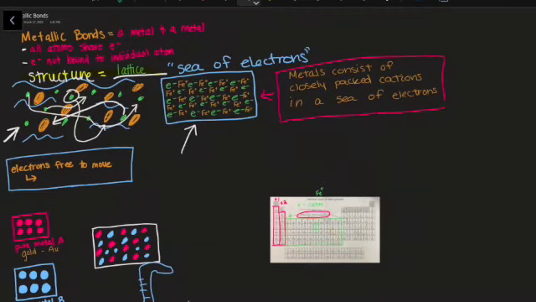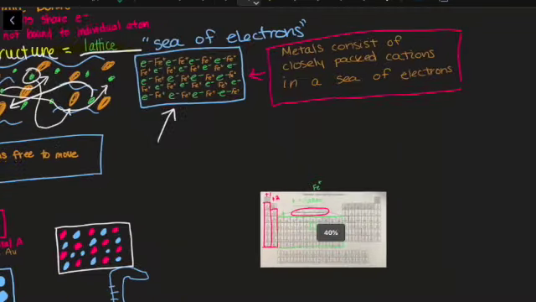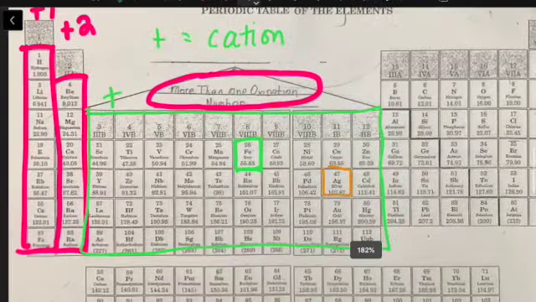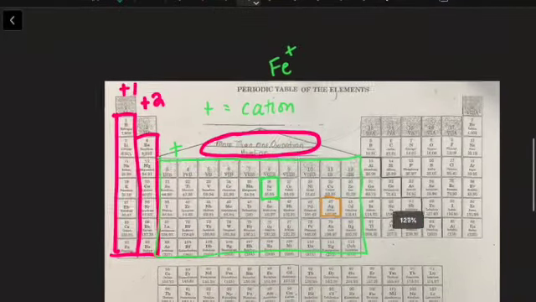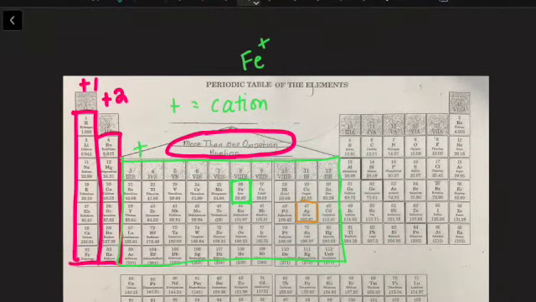Let's go back to your periodic table for just a second so that I can help you with a question on one of your practice problems. Transition metals, all these dudes, can form multiple ions because they have multiple oxidation numbers.